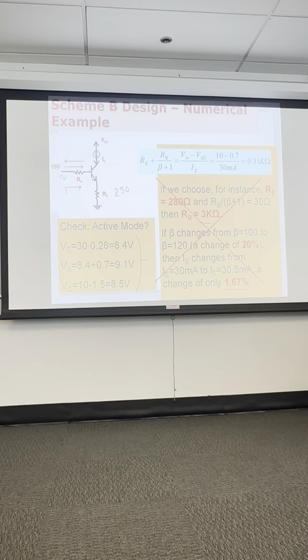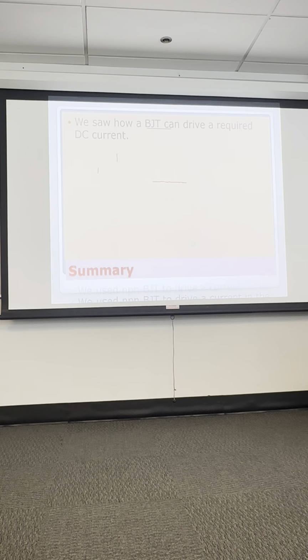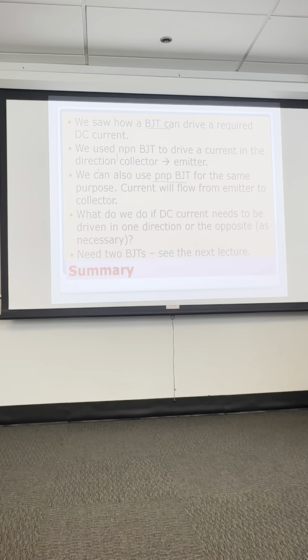So this last part of the design is indicating that there's still an advanced version of this circuit, and that we need to add another BJT to accommodate the dual polarity of the AC. And we will see that in our next session.